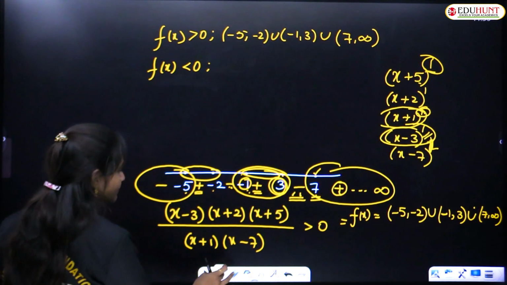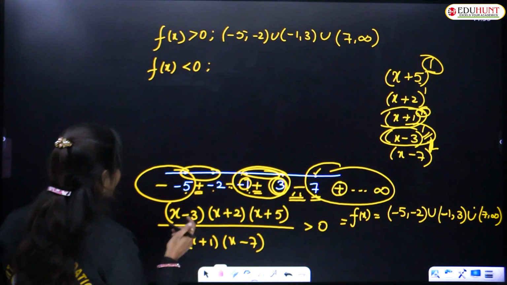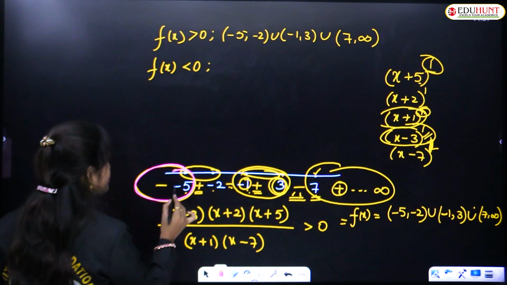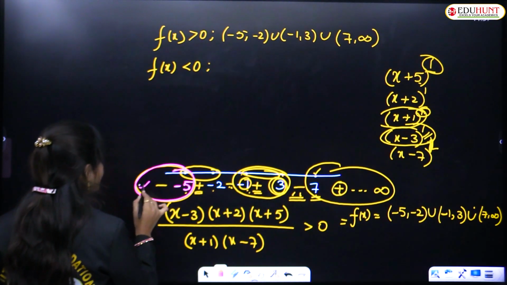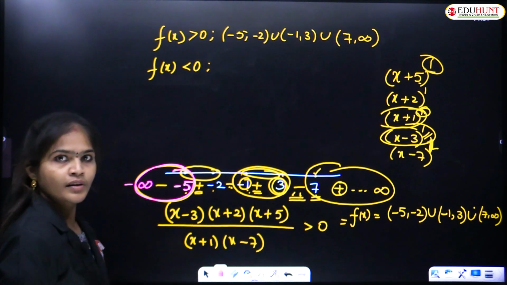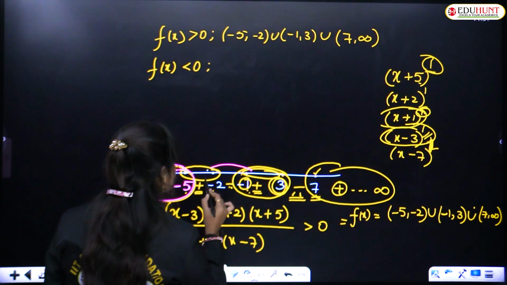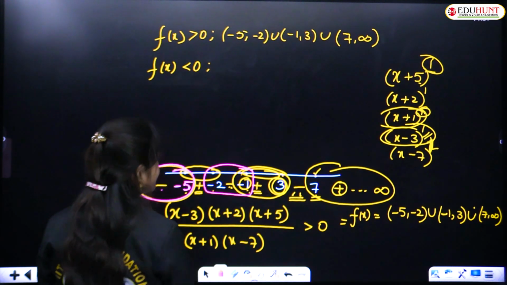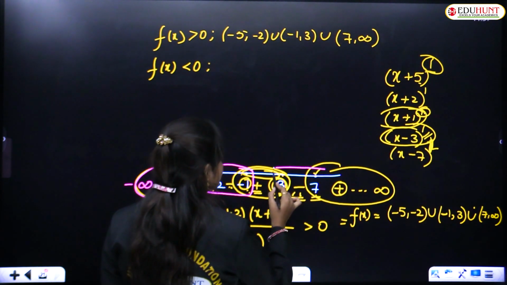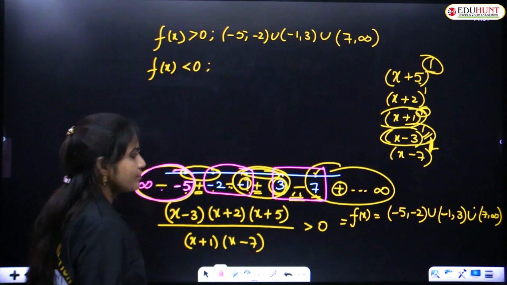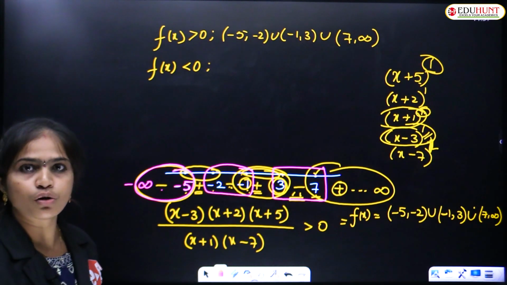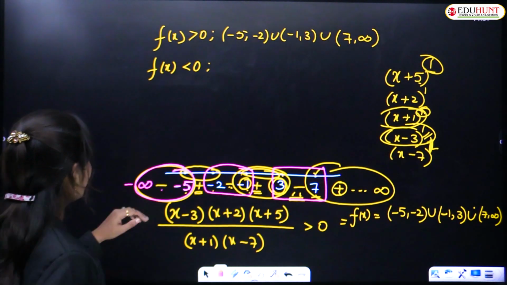Here we have negative sign. So minus infinity up to minus 5. Why? Because negative sign is there. And here also negative sign is there, minus 2 and minus 1. Next 3 and 7. Is there any other? Not there, no.